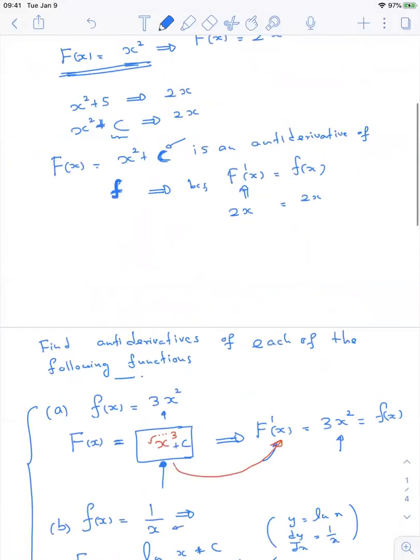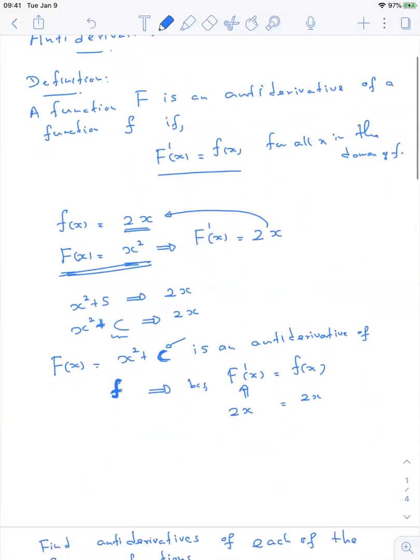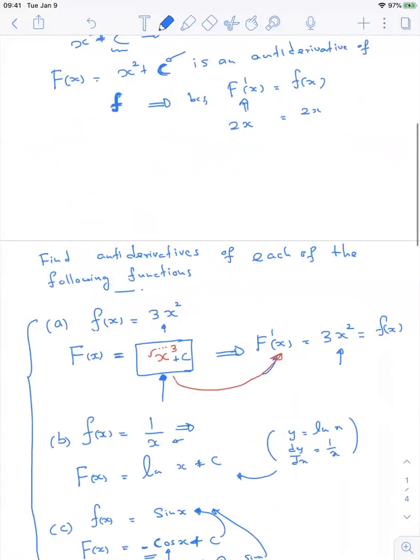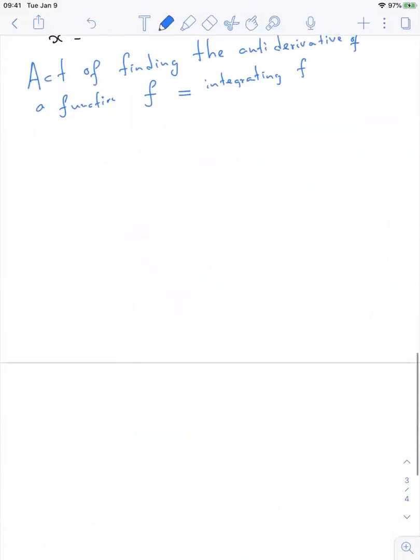What we saw here is that the antiderivative of x squared has become 2x, right? The simple f function is 2x, right? So if you use the symbols, we can write the integration of 2x.